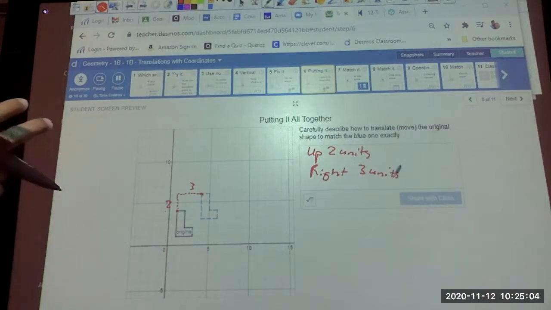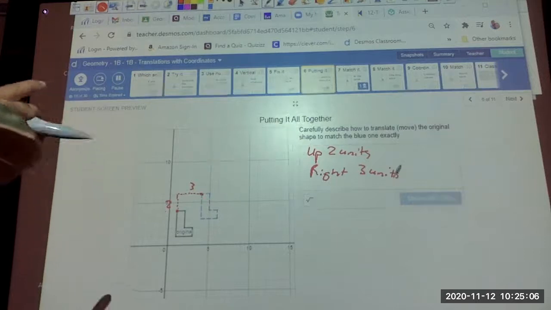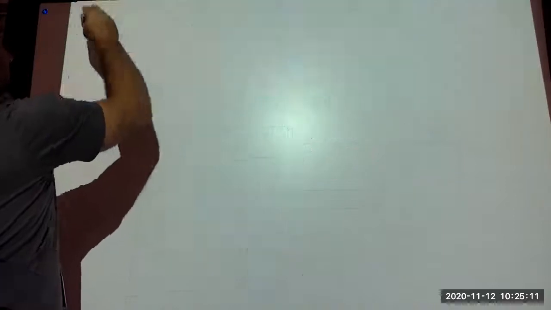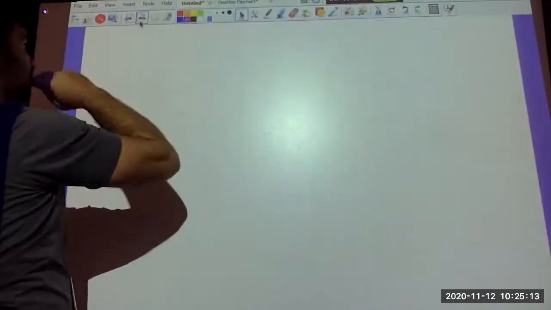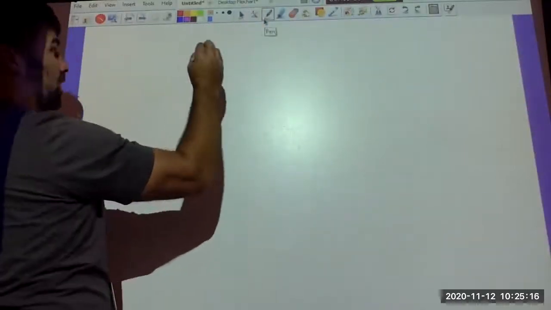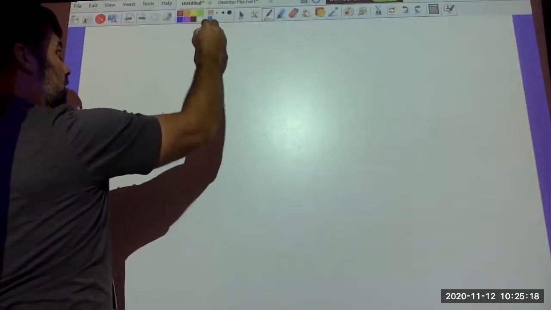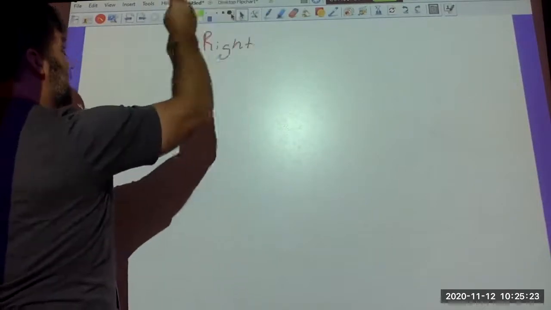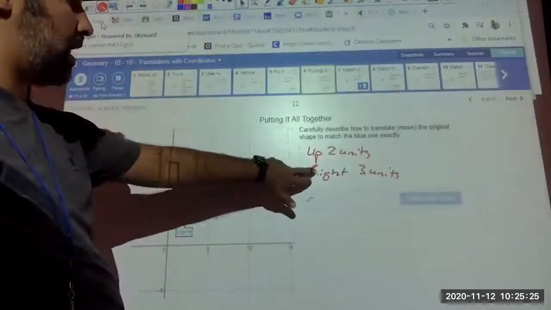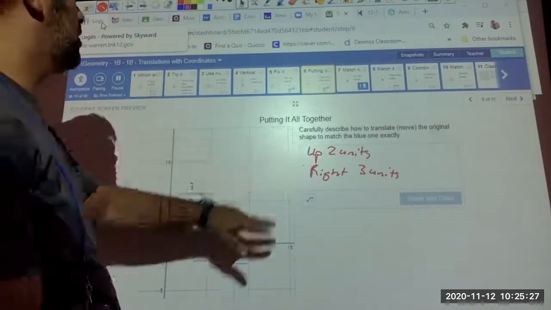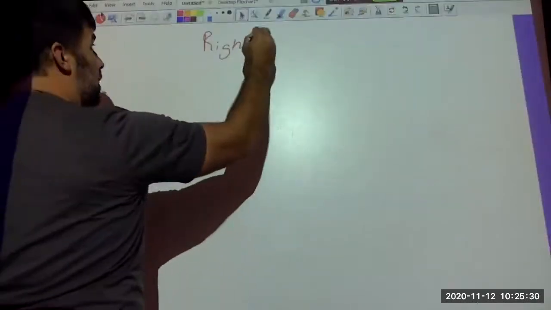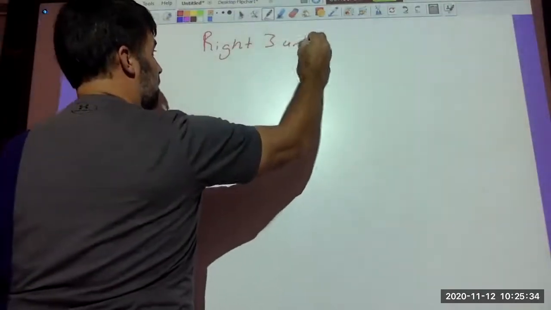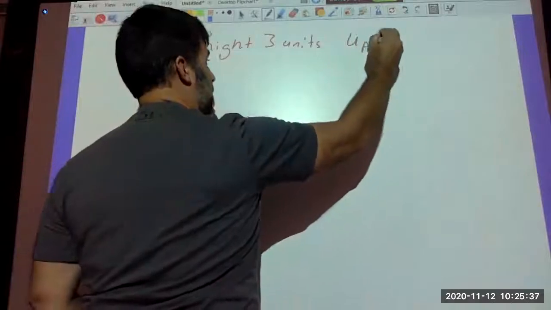All right, we're going to talk about 2 things today dealing with translations. Okay, and if you got paper, I think it's a good idea to write this down. So we're going to take this statement, right 3 units, up 2 units.